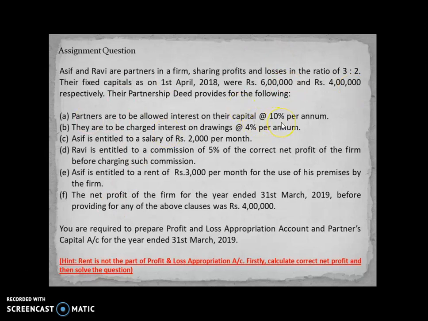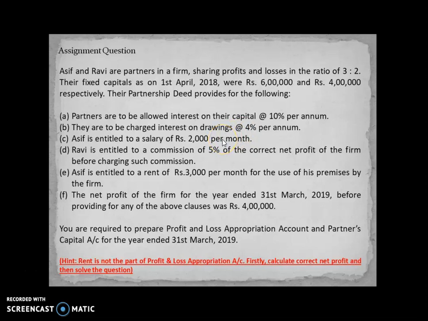Interest on capital will appear in the profit and loss appropriation account and their capital account. The interest on drawings is their expense, so it will be deducted from their capital account, and similarly it's an expense and the income, so it will appear on the credit side of the P&L appropriation account.